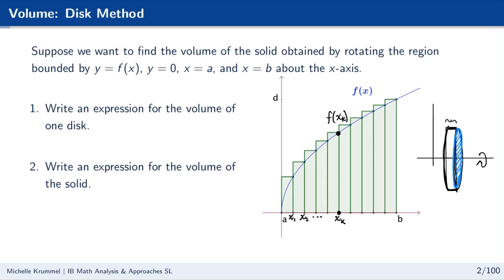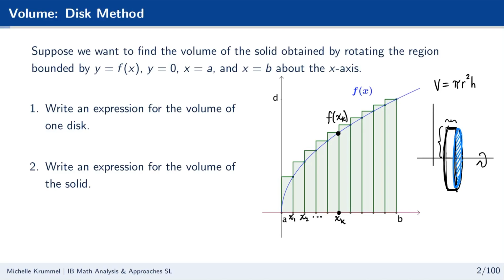So going back to finding the volume of our disk, we know that the volume of a cylinder is just going to be pi radius squared times height. And in our case, the radius of this disk is this vertical distance right here.